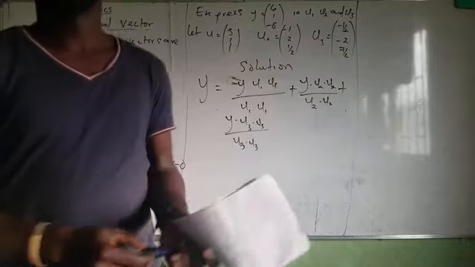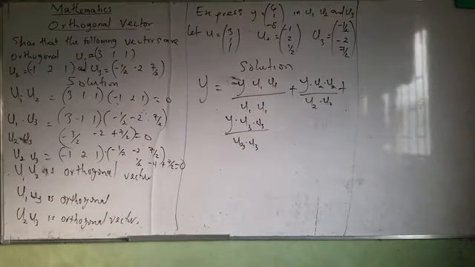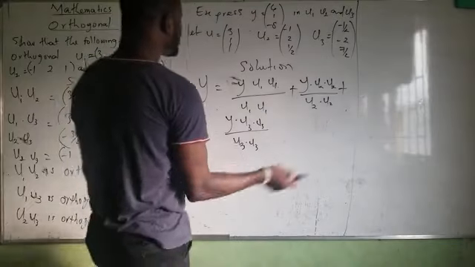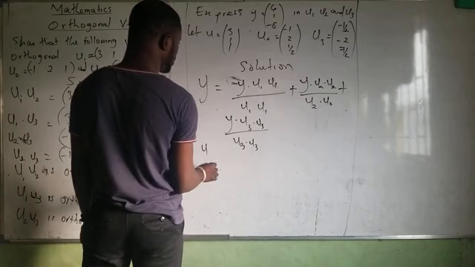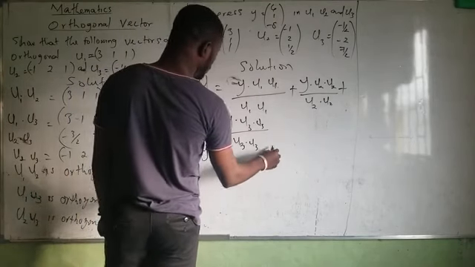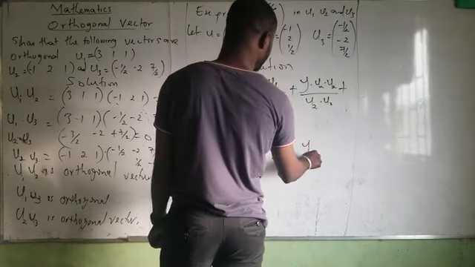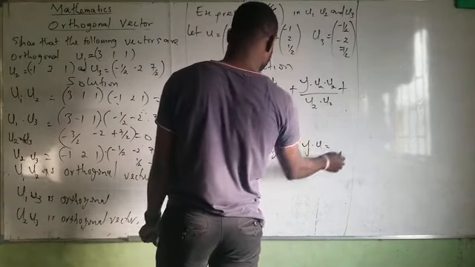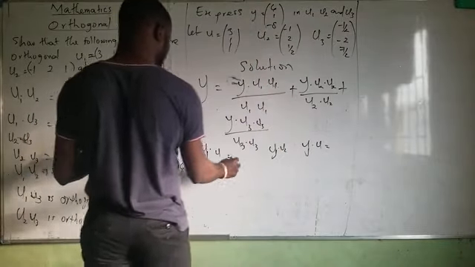Now, when you have something like this, you shall continue. Don't forget that we need to get y dot u1, y dot u2 and y dot u3. According to what I got here, y dot u1 will be 11.